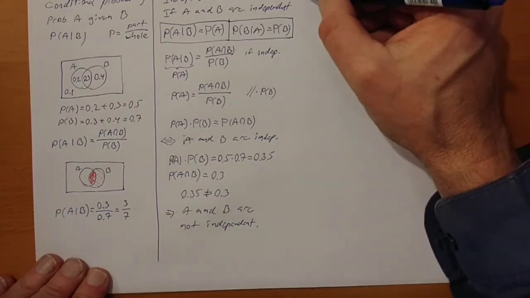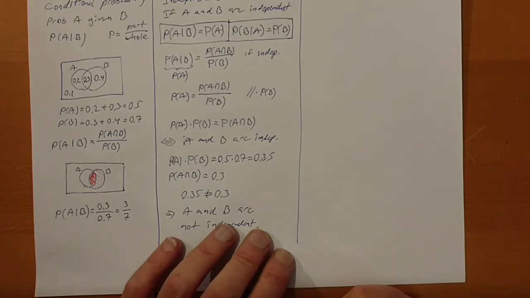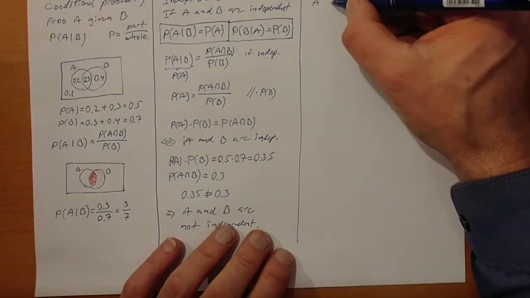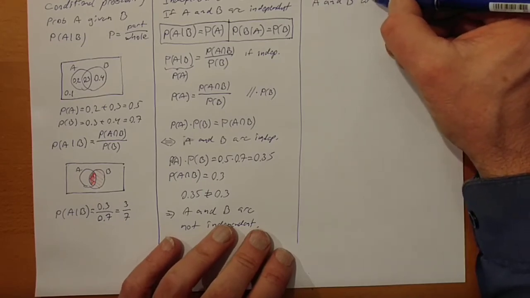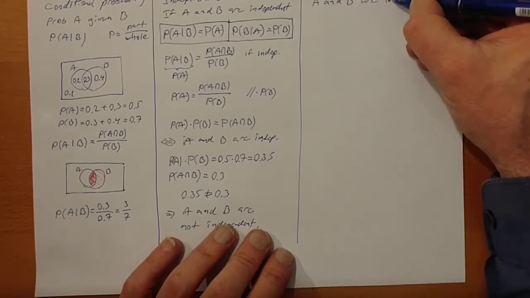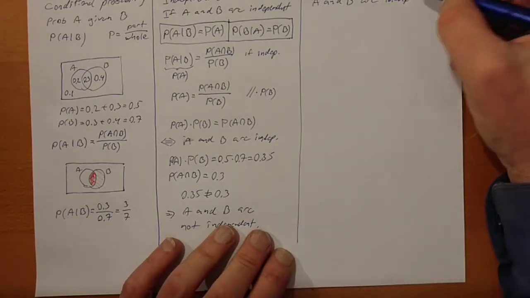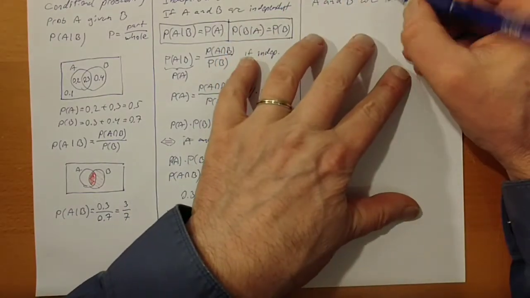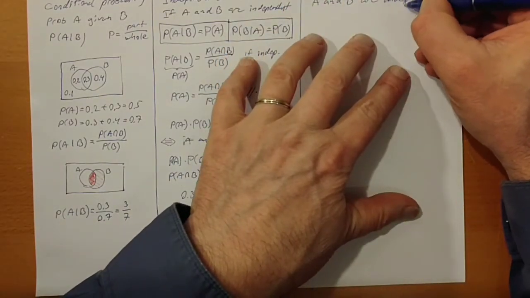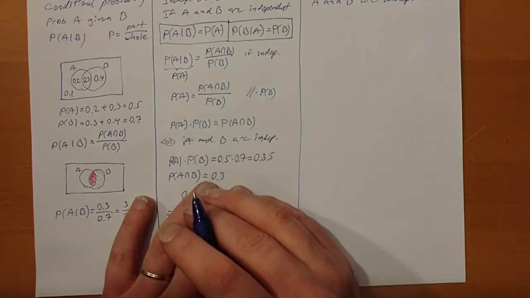Okay, so let's look at a problem where this could be used. Say we have two events, A and B, and they are independent. I can't write here, sorry. Okay, it will be good enough for now.